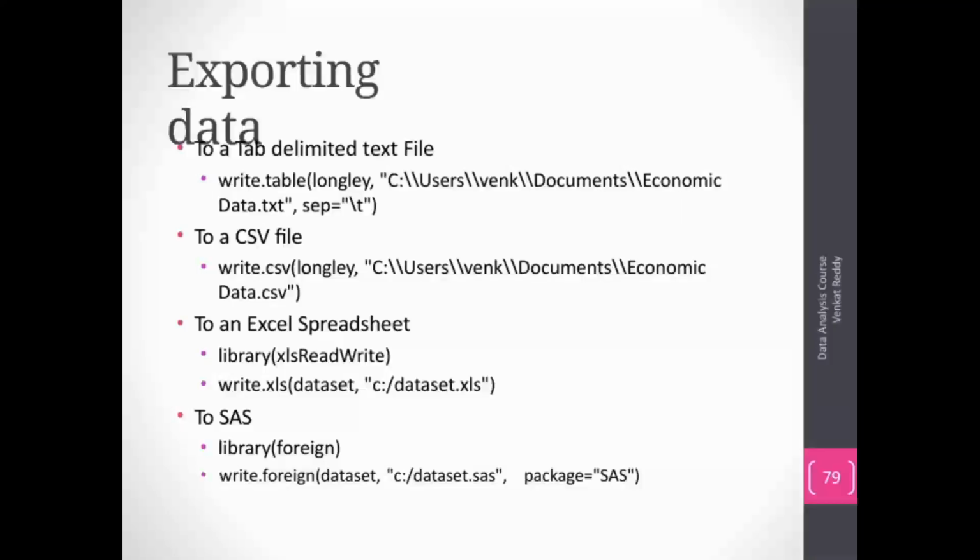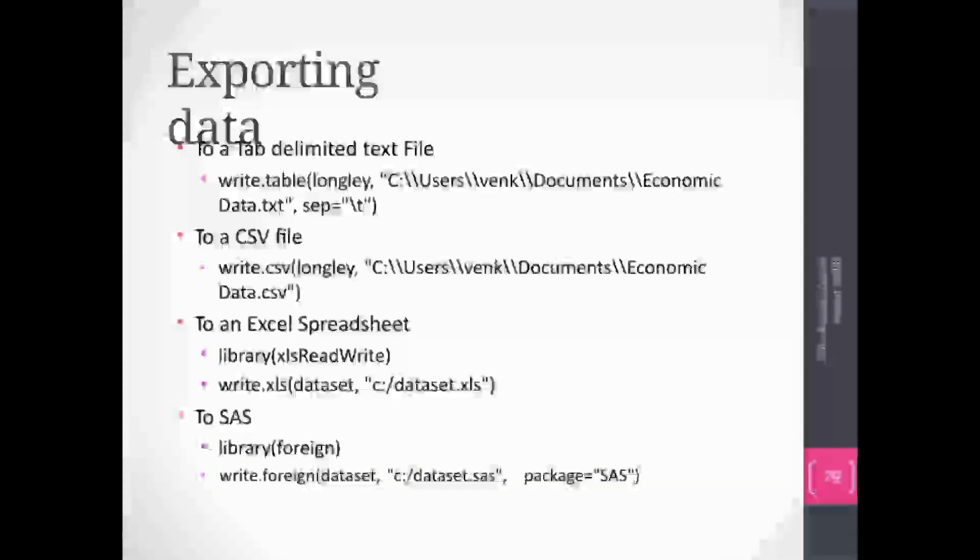This is handy when working with Excel-specific features or sharing data with users who prefer spreadsheets. Finally, to export data to SAS specifically, we load the foreign library and use functions like write.foreign, which helps in exporting data in a format compatible with SAS. Overall, these methods give us flexibility to export our data into various formats depending on our analysis needs or the tools our colleagues are using.